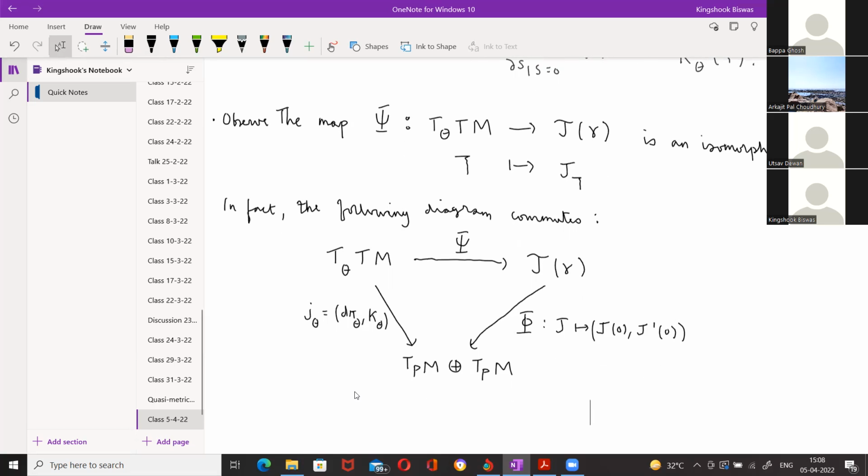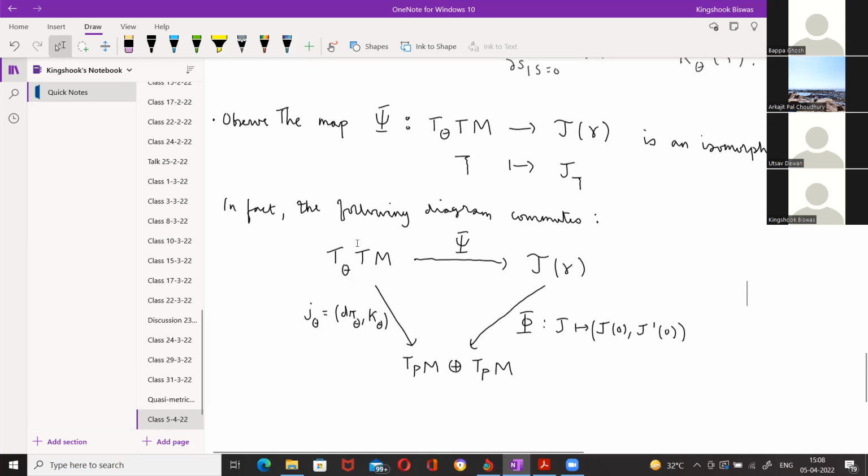This is how J xi is defined. J xi is defined to be the Jacobi field whose initial conditions are d pi theta of xi, k theta of xi. That's exactly saying that this diagram commutes.